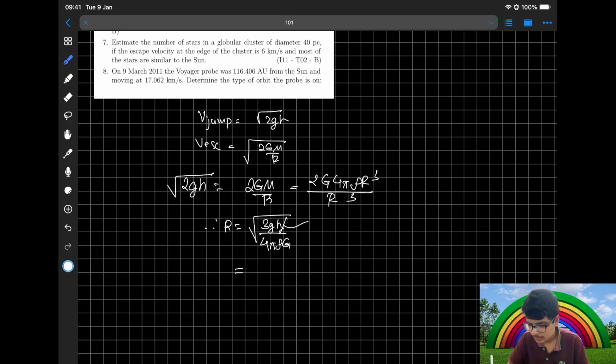So just add these values yourself. g as 9.8, h as anything like 0.5 meter, I guess.